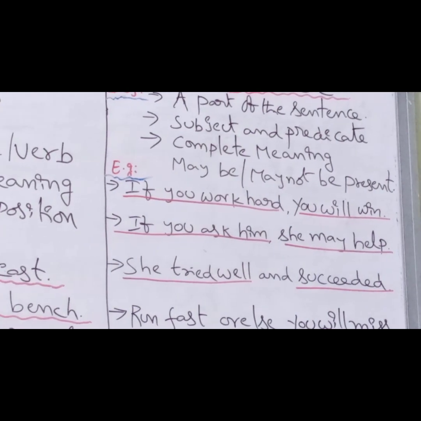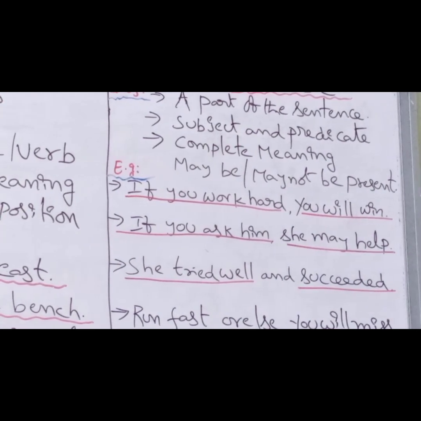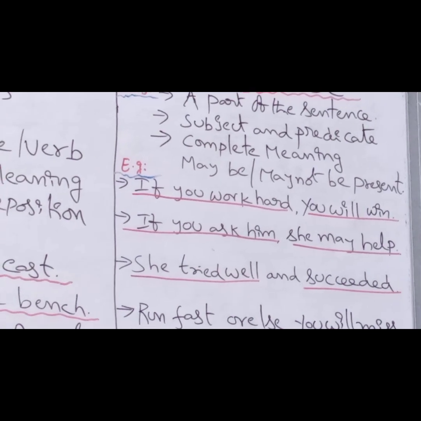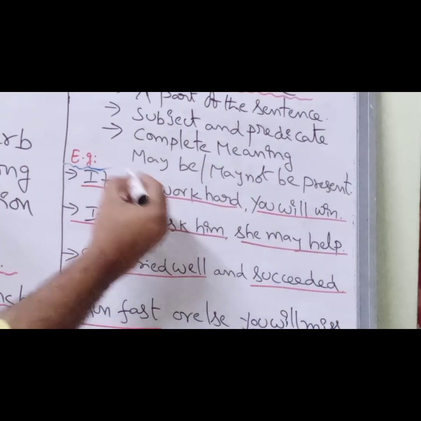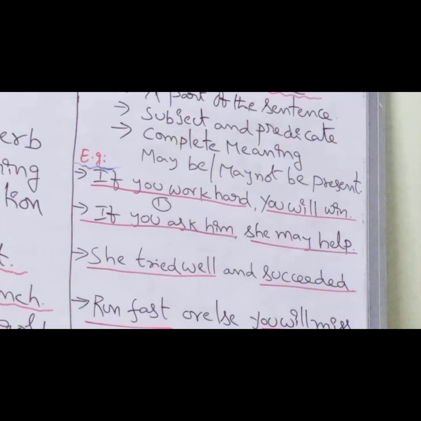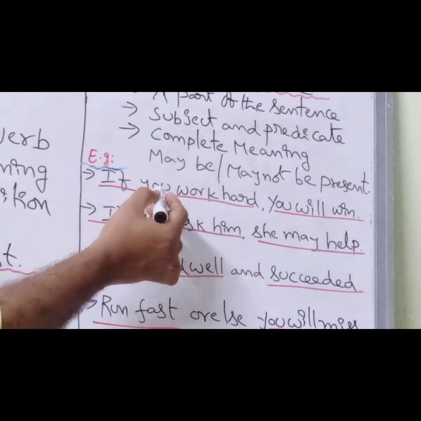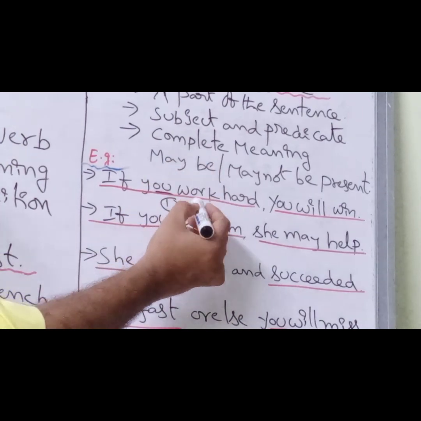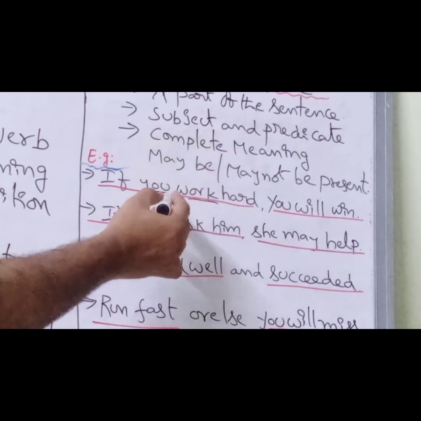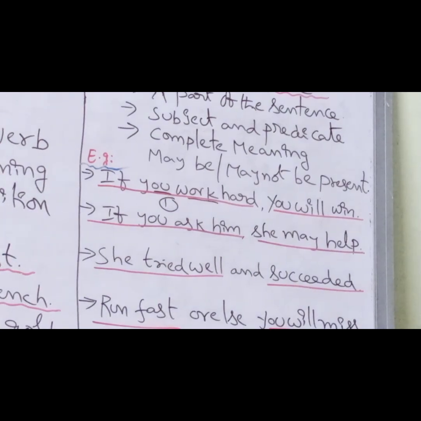In this single sentence, we can observe there are two different parts. Part one, if you work hard. Here, subject you is there, predicate, verb, work is there, and complete meaning? If you take only this underlined part, is there any complete meaning here?